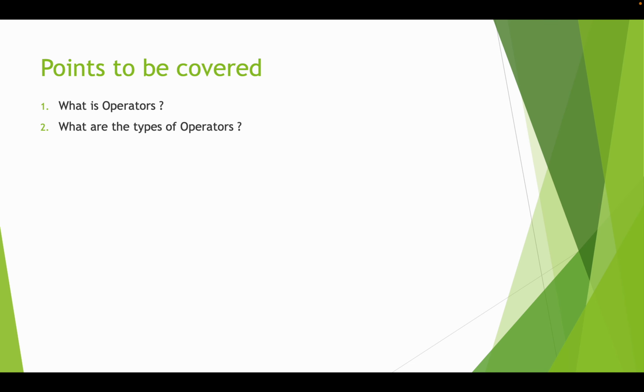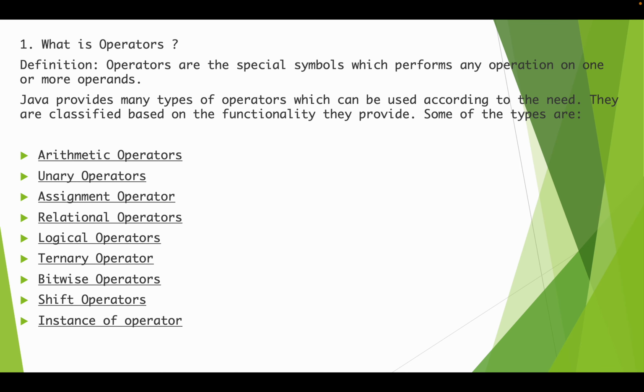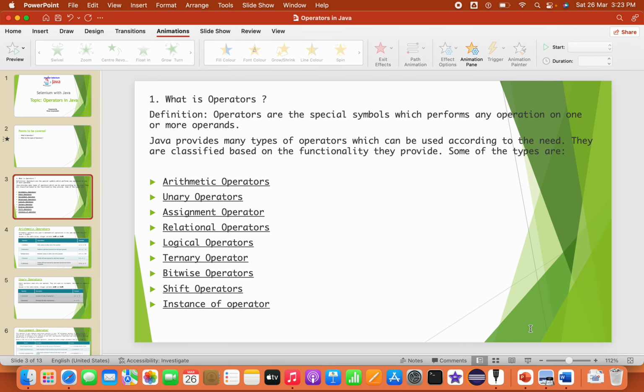So let's have a glimpse on what is an operator. So friends, the definition of an operator is: operators are special symbols which perform any operation on one or more operands.